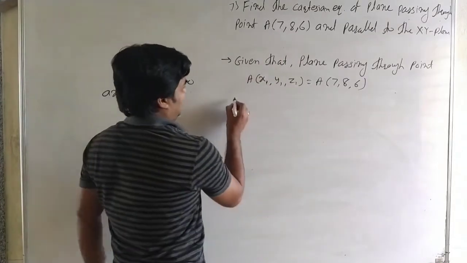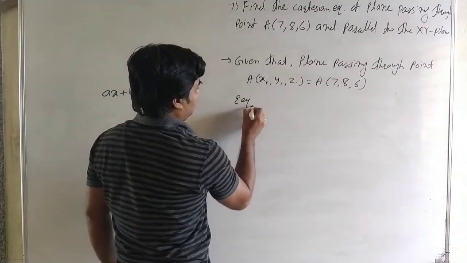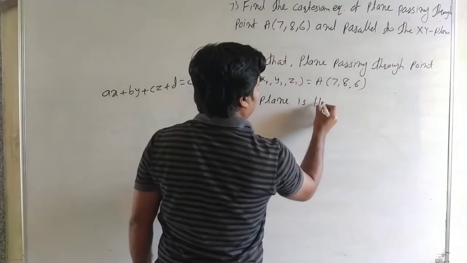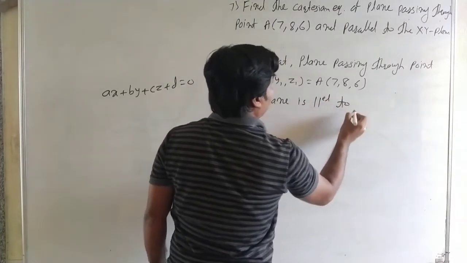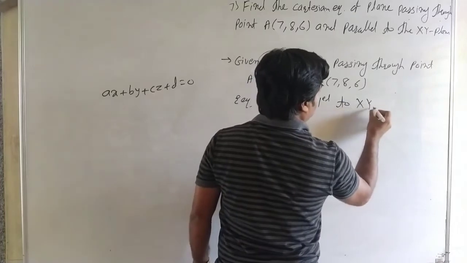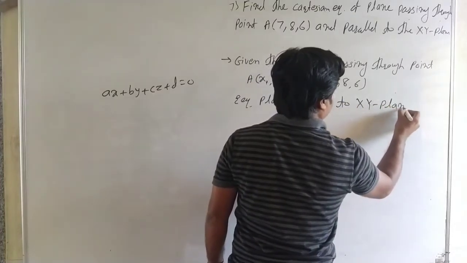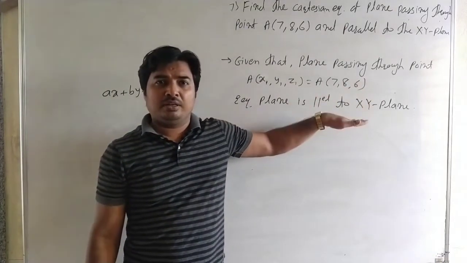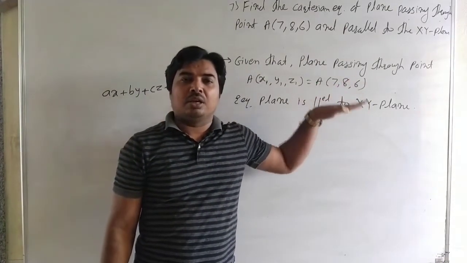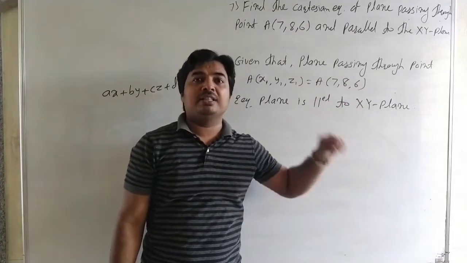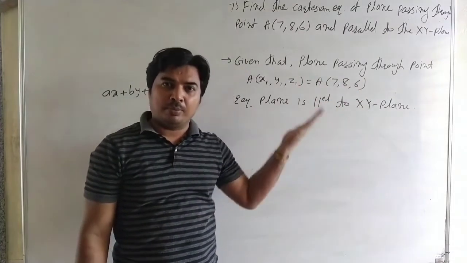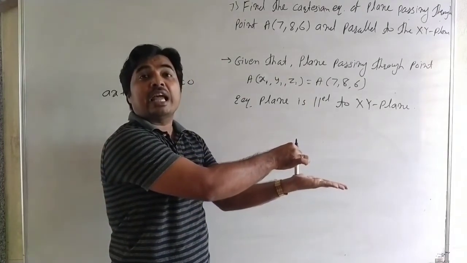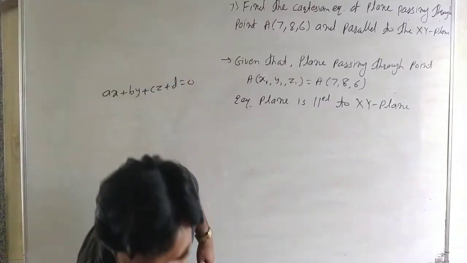Here it is given that the required plane is parallel to the xy plane. See carefully: we know that the line perpendicular to the xy plane is the z-axis.